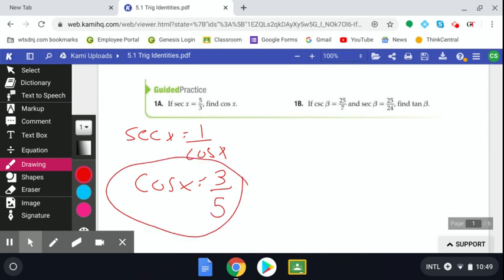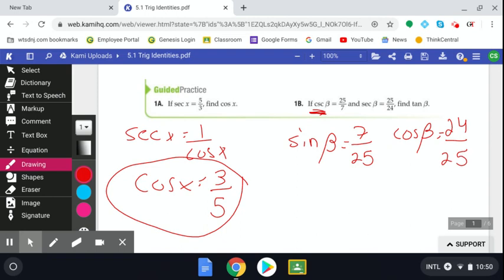For the second one, they said cosecant beta is 25 over 7 and secant beta is 25 over 24. Find tangent beta. Cosecant beta is 25 over 7, which means sine beta would be 7 over 25, and if secant beta is 25 over 24, cosine beta would have to be flipped, so 24 over 25.